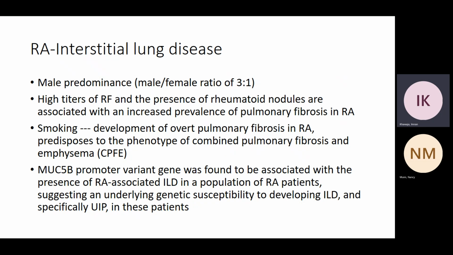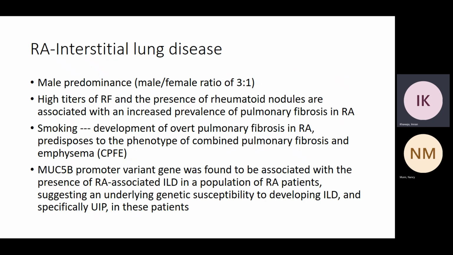The first disease that we are going to discuss is RA-ILD. Usually rheumatoid arthritis is female predominant, but rheumatoid arthritis-associated interstitial lung disease is most of the time male predominant. You see high titers of rheumatoid factor and rheumatoid nodules in these patients.